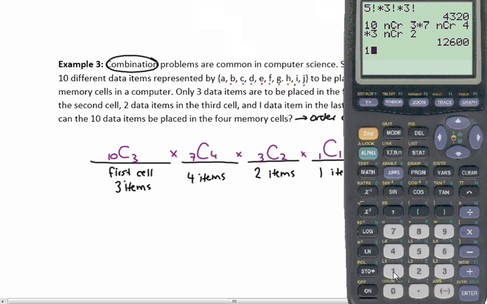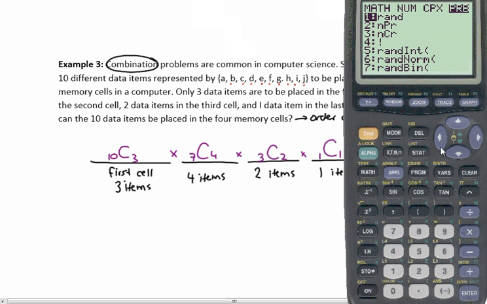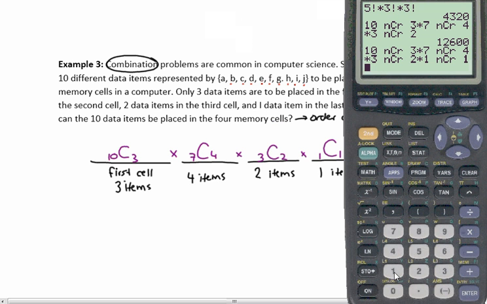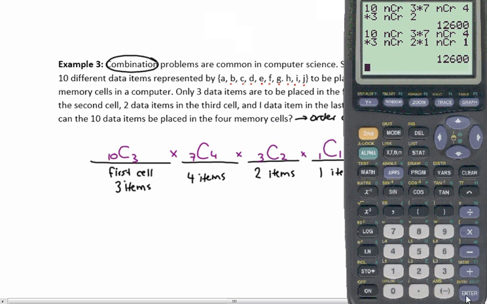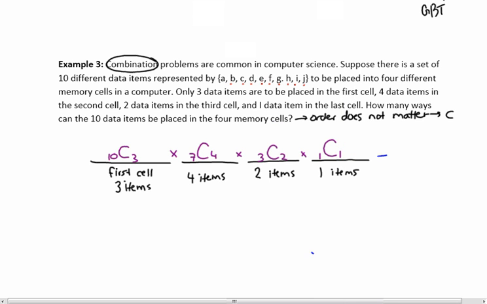So you type it in all at once. I'll just show you that. And this one doesn't change it. There's one way to arrange one object, or choose one object. So 1,260 ways. Sorry, 12,600 ways.